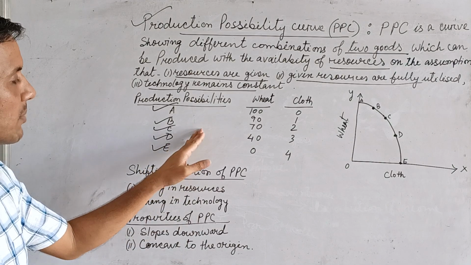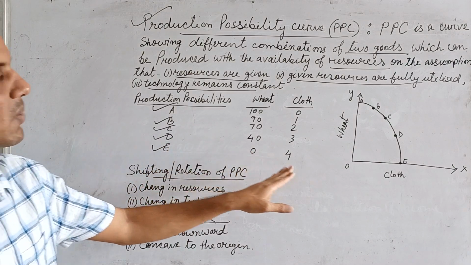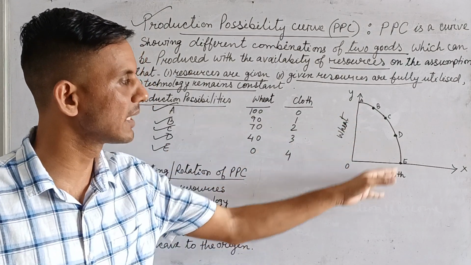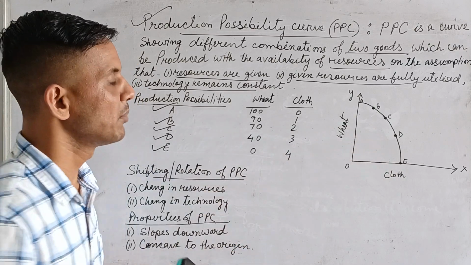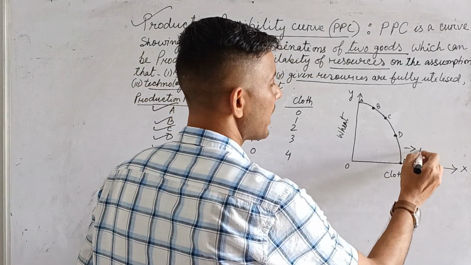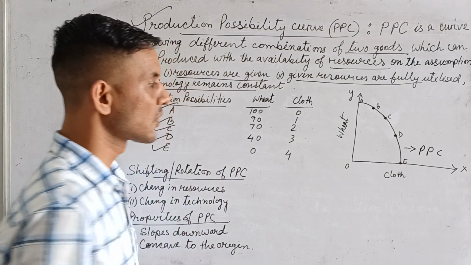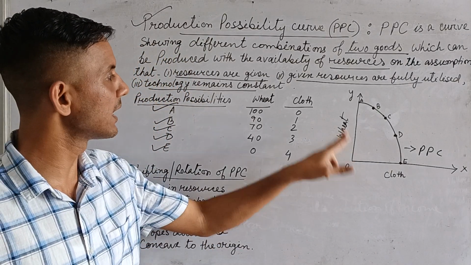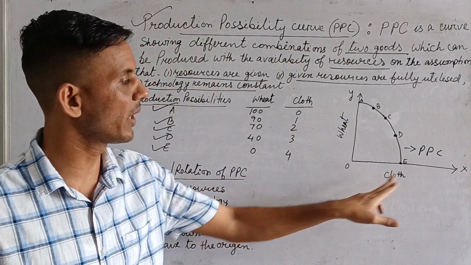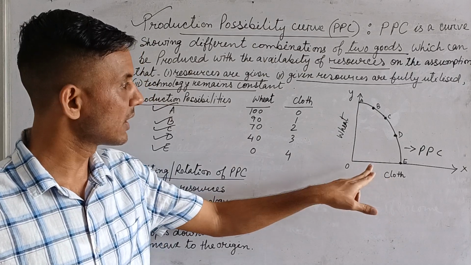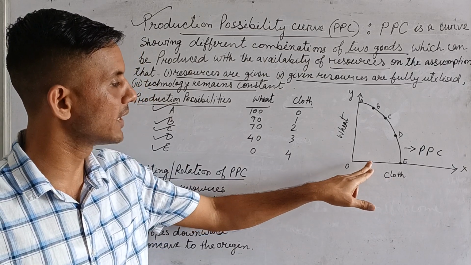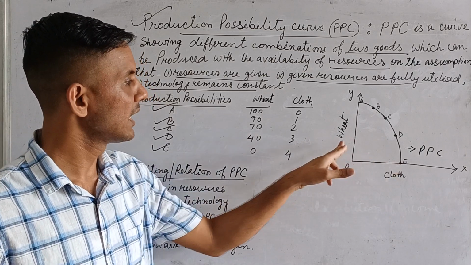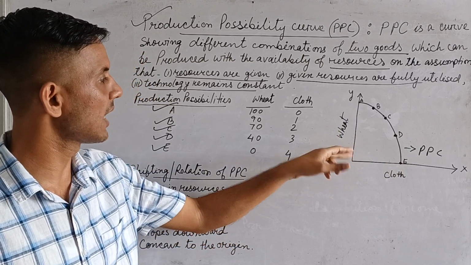When you show these values on graph paper, you will get a curve, which is called the PPC, the production possibility curve. Here I have not written the numbers, but I have written that OX denotes cloth. So here you can write 0, 1, 2, 3, 4, 5, and here you can write 40 like this.